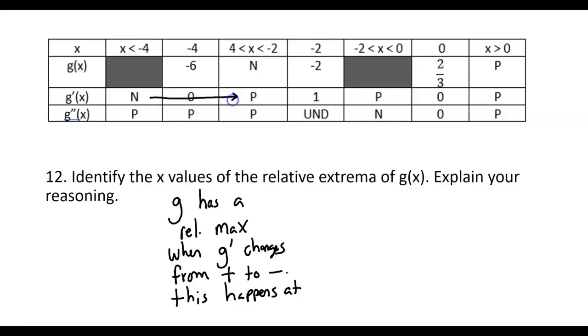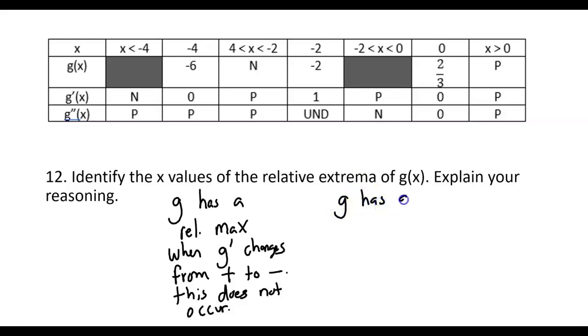This is negative to positive. That's no good. I want positive to negative. No. So that doesn't seem to happen. I don't seem to have anywhere up here where the derivative changes from positive to negative. That can happen. And so in that case, we're going to erase this part of our sentence, and we're going to say this does not occur.